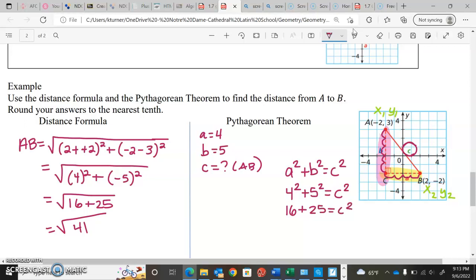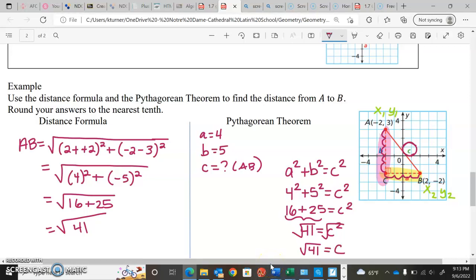And then add 16 plus 25, which is 41. And you're always going to come down to something like this, where you have a number equals and then either A, B, or C squared. So then you have to ask yourself, how do you undo a square? And that's the square root. So square root of 41 equals C.